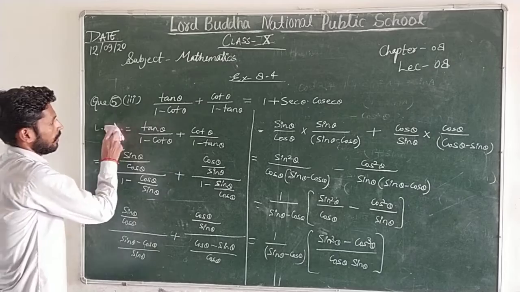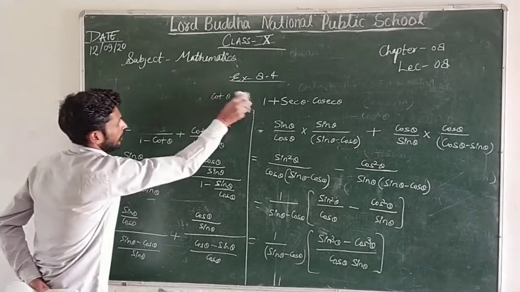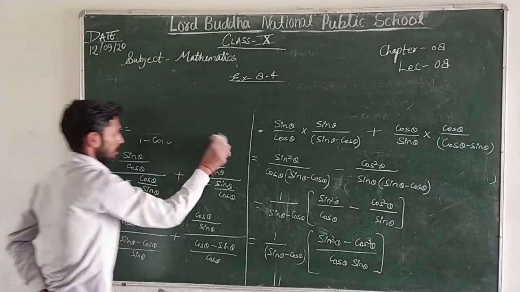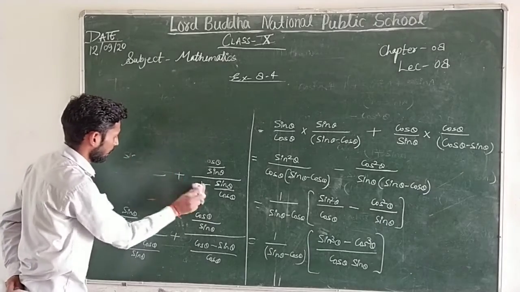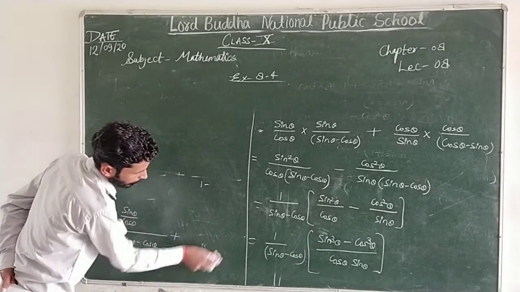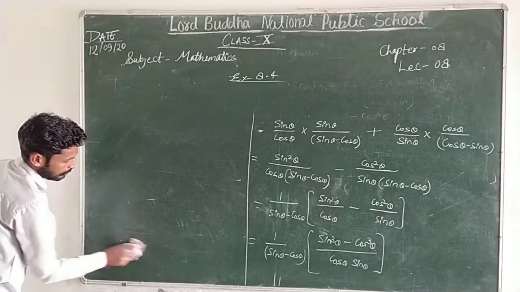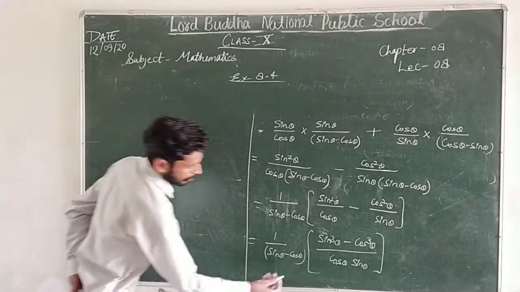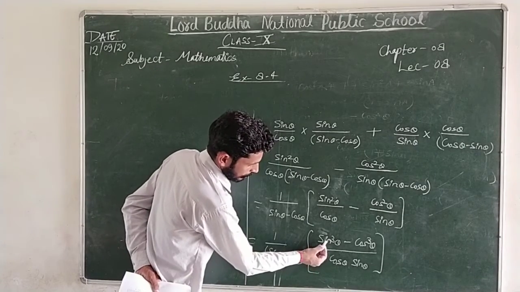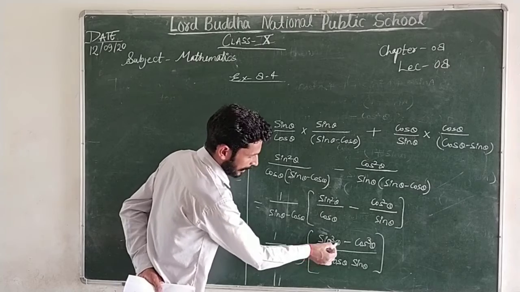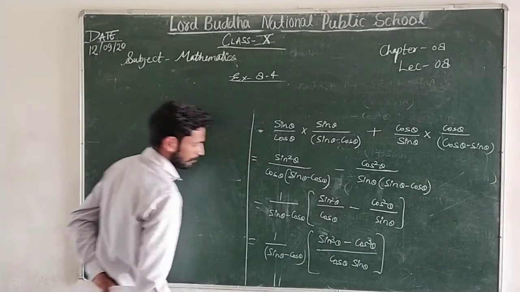Just I will erase it for the next step. Now here will be, you can see sin cube theta minus cos cube theta.